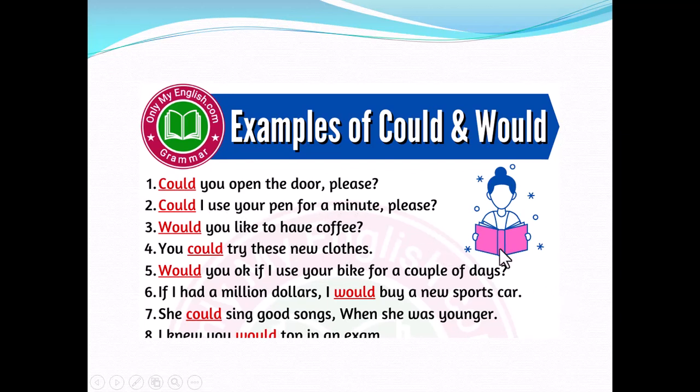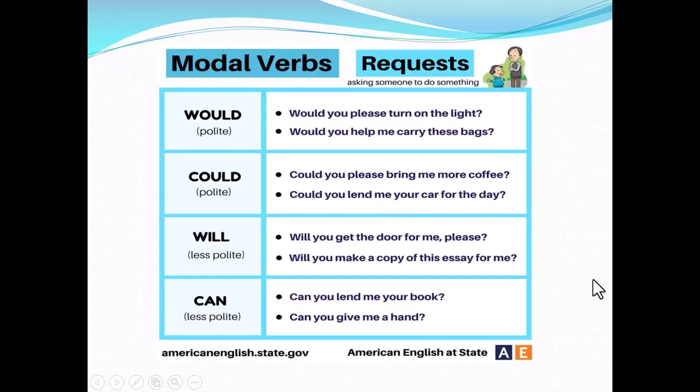Same again, these are the same instances as before. And there is a conditional: if you had $1 million, I would buy a new sports car. This is not a request; it is more like a wish.